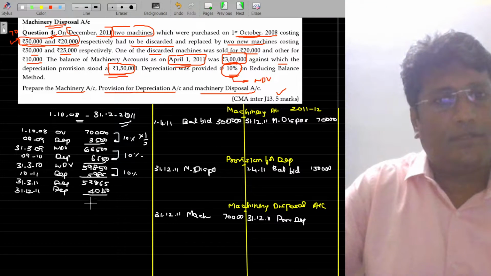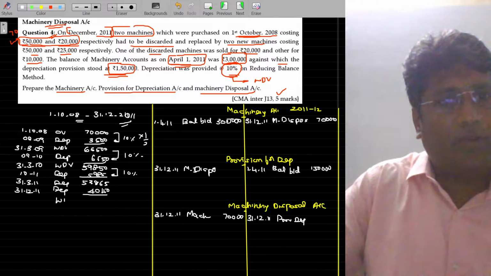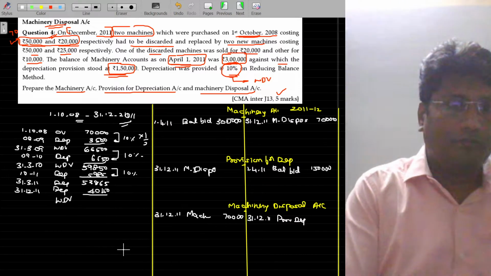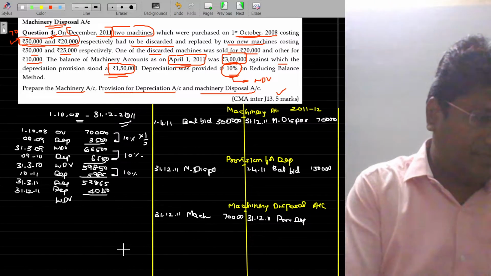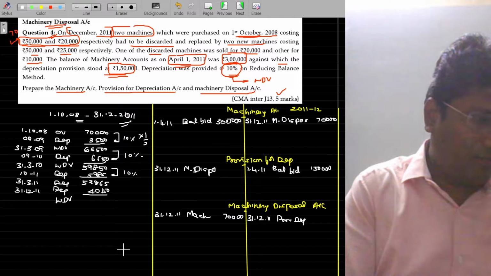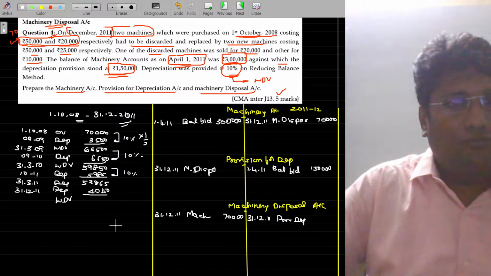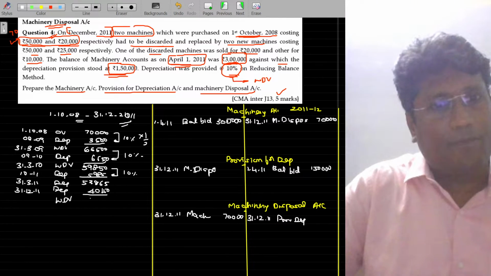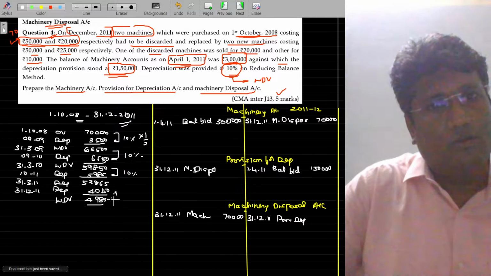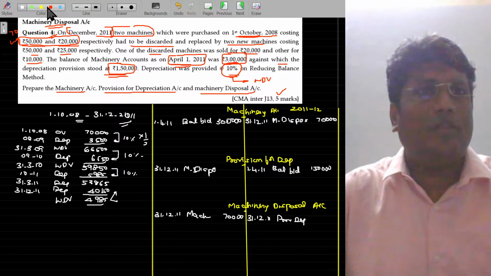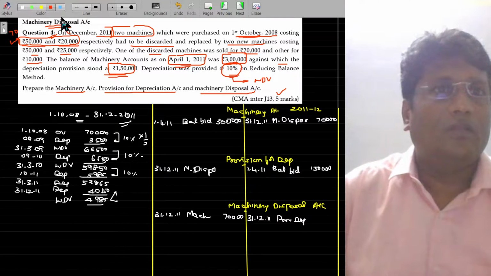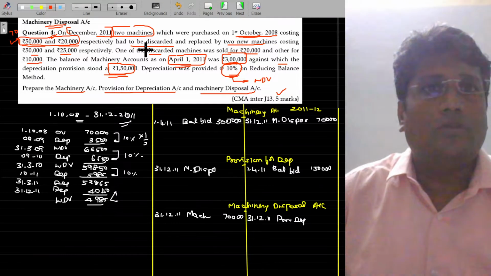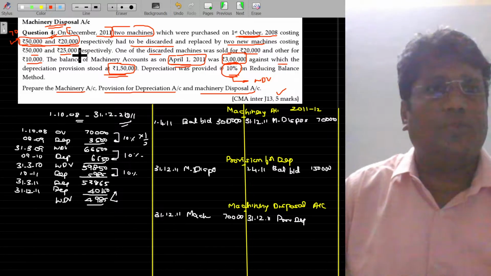If I subtract, the WDV value as on the date of sale is 53,865 minus 4,040, right? 49,825. Where both the assets have to be discarded, replaced by 2 new machines costing, okay.